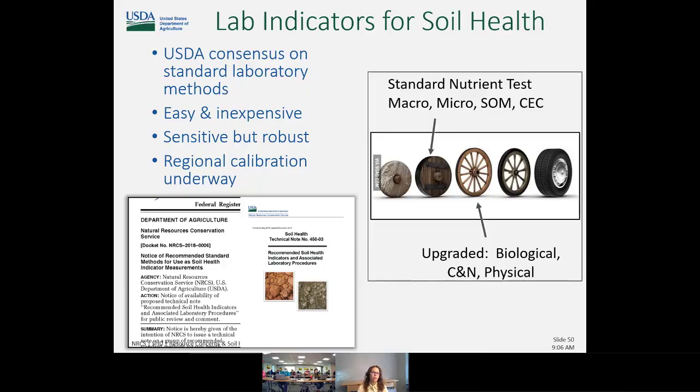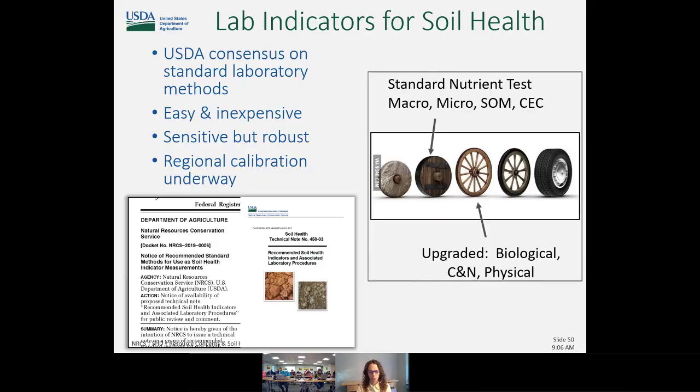And we're working on developing regional collaboration or calibration. Several projects are using these lab indicators with the inherent properties of soil and the climate impacts in the regions to determine the interpretations of these indicators.